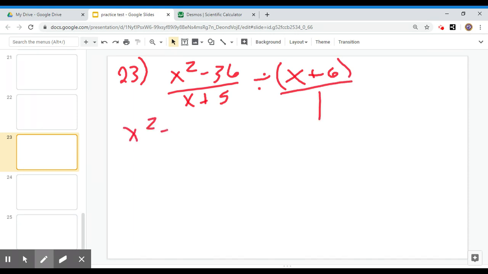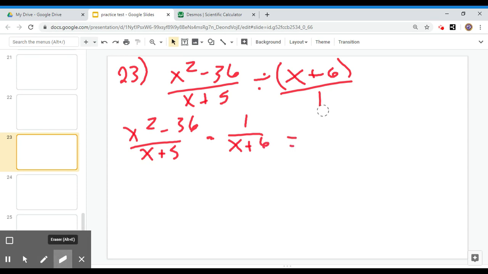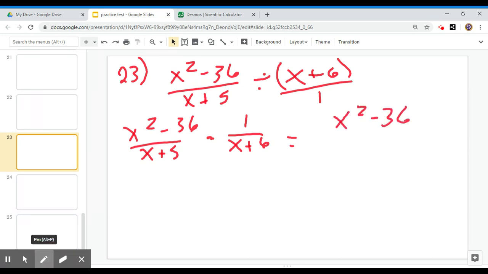And then we do keep, change, flip, and then we just multiply. So multiply the numerators together. So we would have x squared minus 36 times 1 in the numerator. And then in the denominator, we have x plus 5, x plus 6. Do not actually multiply those together. You want to leave those as factors so that you can cancel things out.